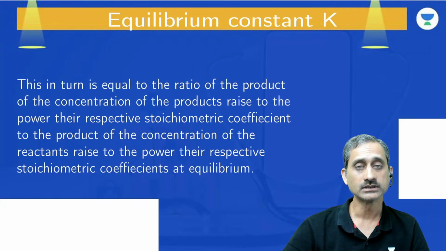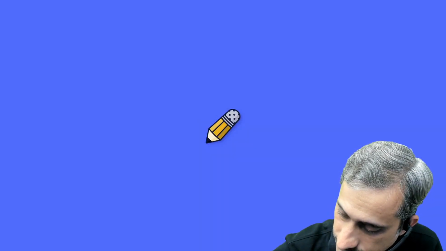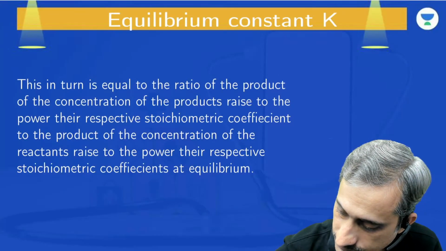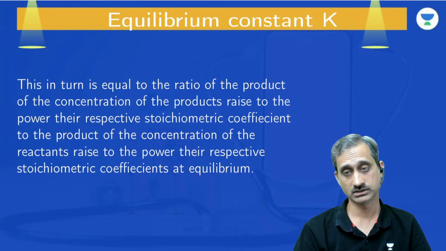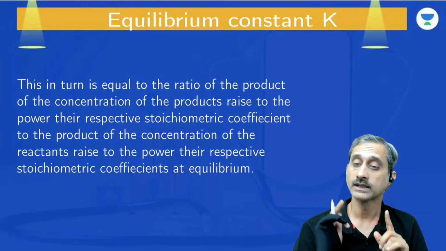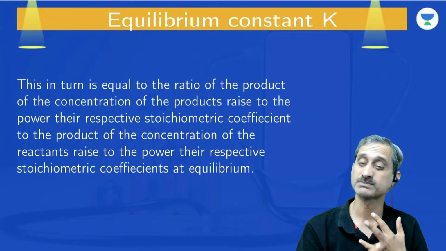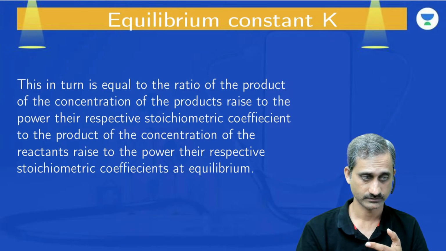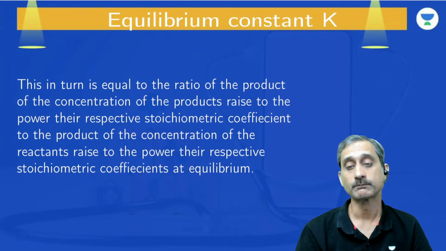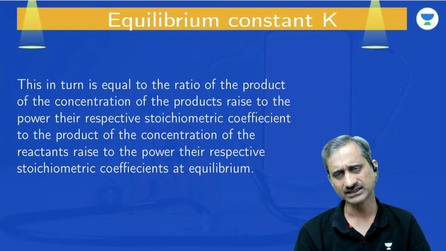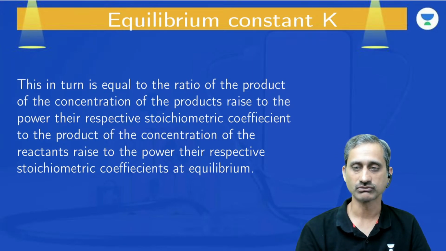Now remember, this in turn is equal to the ratio of the product of the concentrations of the products raised to power their respective stoichiometric coefficients, to the product of the concentrations of the reactants raised to power their respective stoichiometric coefficients.